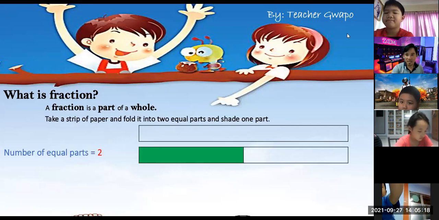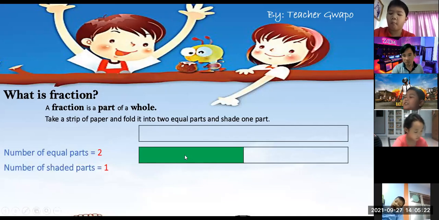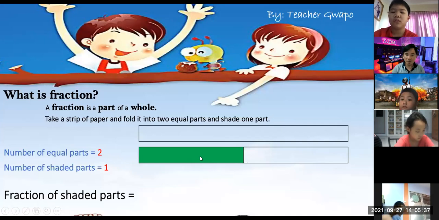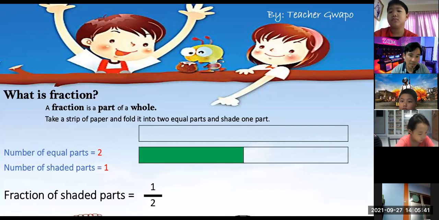And one part of the paper is shaded, which is colored green. So the fraction of shaded parts here is 1/2. The half of the paper is shaded.